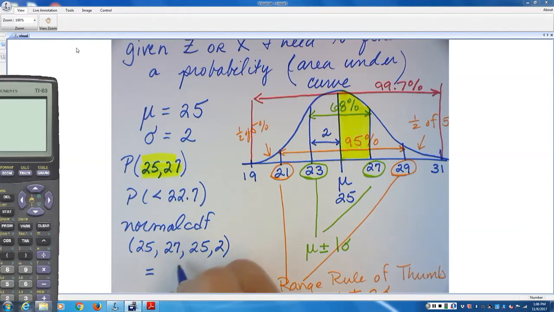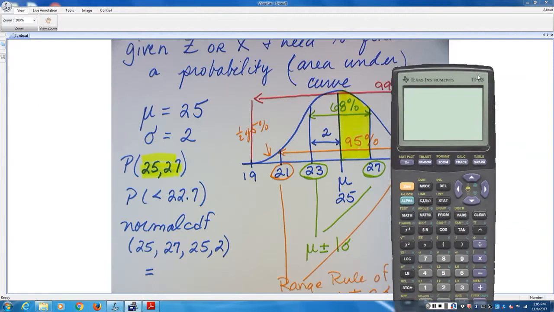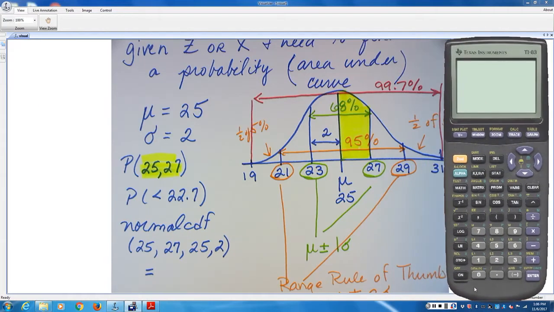And then round that off to 4 decimal places. So that would be 0.34134.